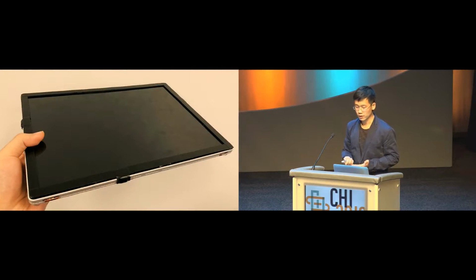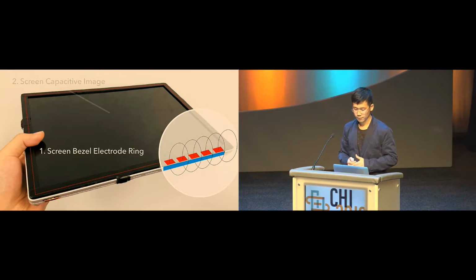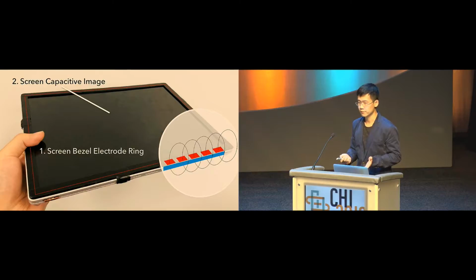Here is a picture of our tablet prototype. In total, there are 3 sensor signals we leverage in this project. The first one, as I mentioned before, is this screen bezel electrode ring, which projects a peripheral electric field around the device. This allows us to sense the proximity of a user's hand up to 20 centimeters above the screen. And second, we use the screen capacitive image.